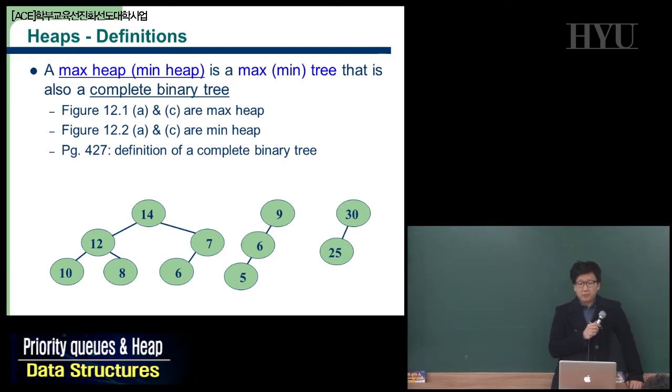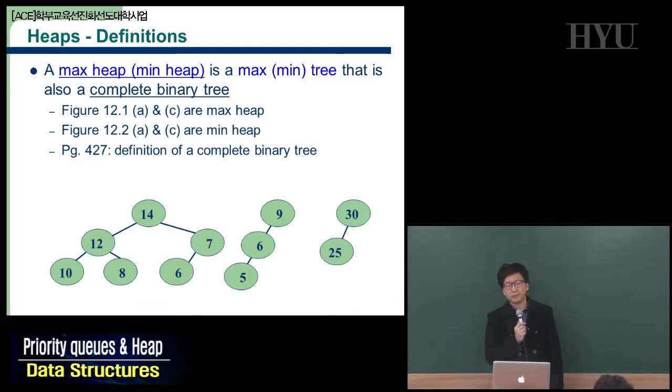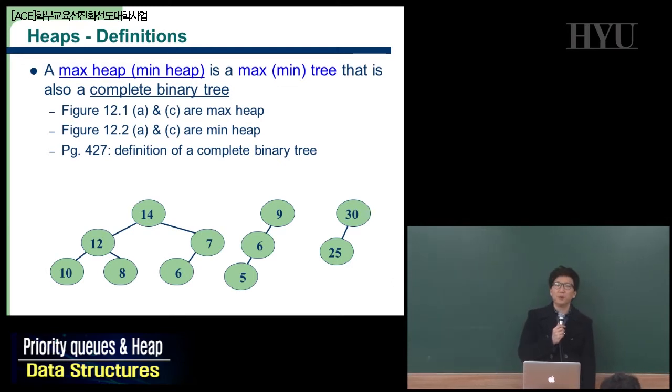And if you're mixing up all those definitions, max tree, min tree, what was a max tree again? What was one obvious property of a max tree? The one on the top is probably the largest in the tree, the value is the largest. And the min tree is probably the opposite.